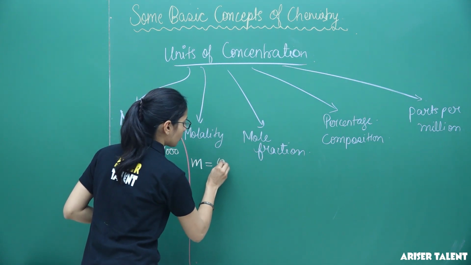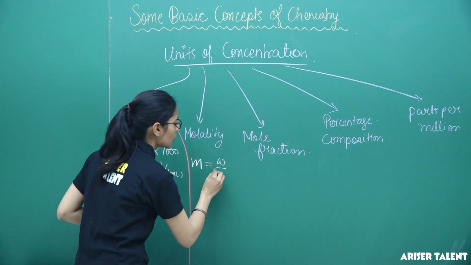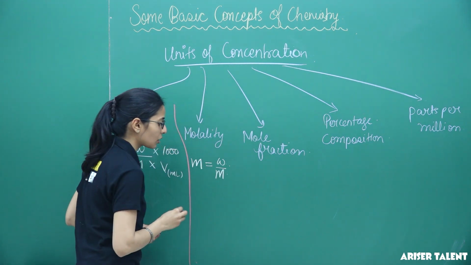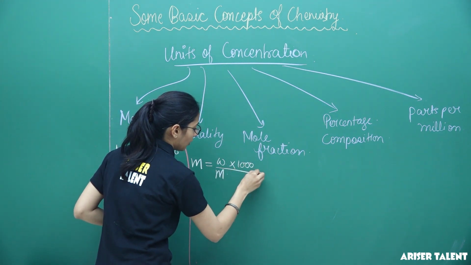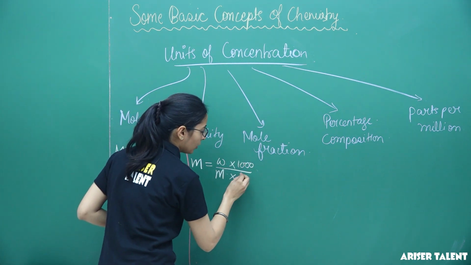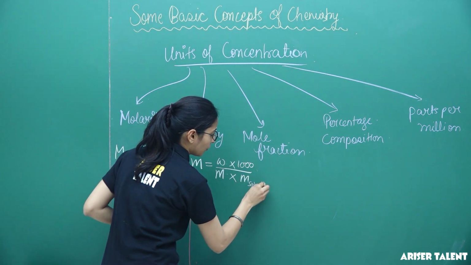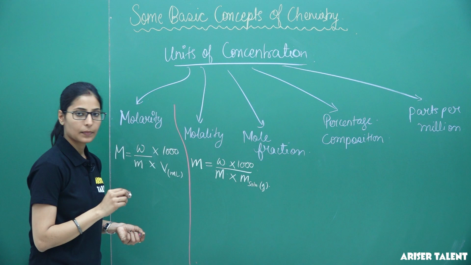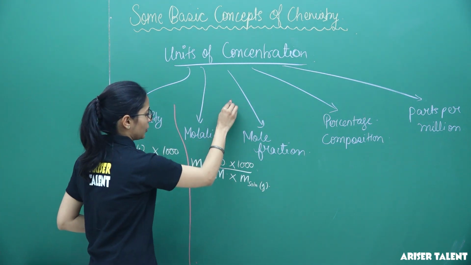So, this is W, which is the given mass of the solute, then the molar mass of the solute into 1000, multiplied by the mass of solvent, which is in grams. Okay. So, this is the formula that we have got for molality.